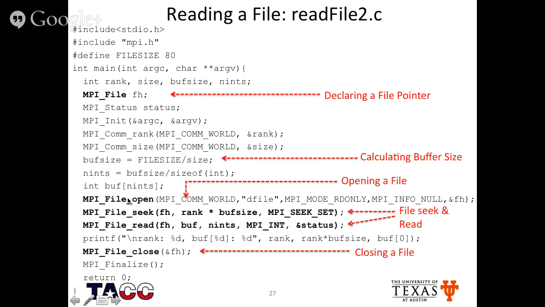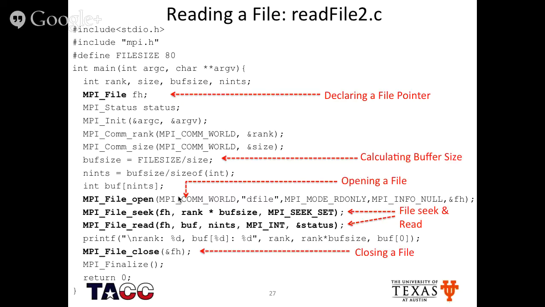So I have the MPI_File_open statement. Now this takes some arguments. MPI_COMM_WORLD, what's that? The default communicator for MPI programs, right? So I've passed my default communicator as the first argument, the name of the file I want to work with as the second argument, the file in this example.